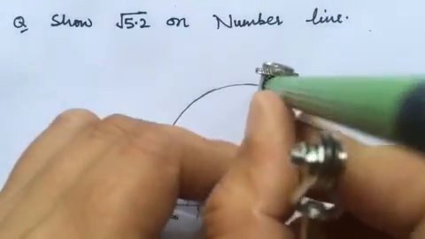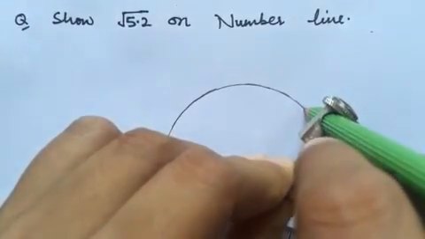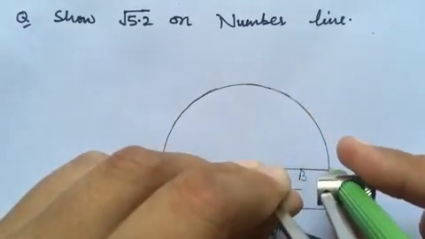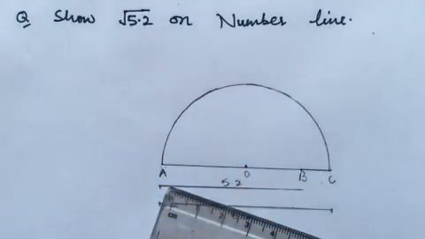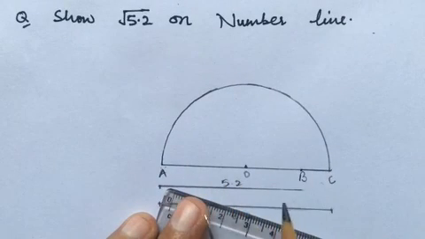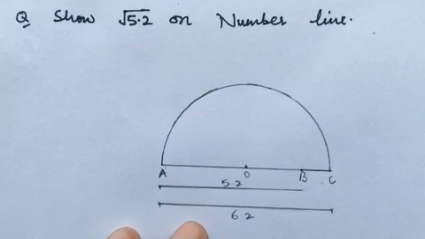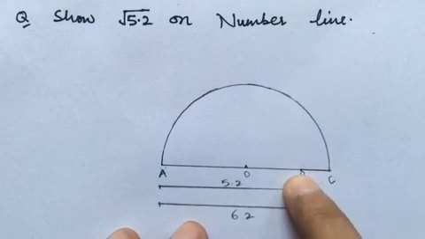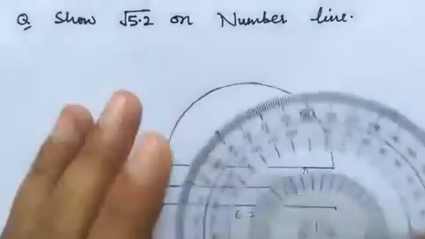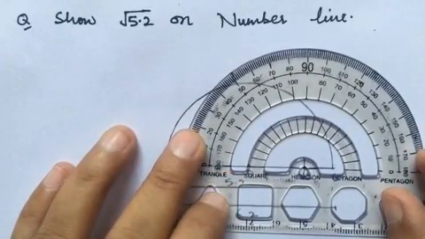Be accurate and careful. Your compass should be tight. So you have drawn a semicircle of radius OA. Now from point B, take your protractor and draw a perpendicular from point B.